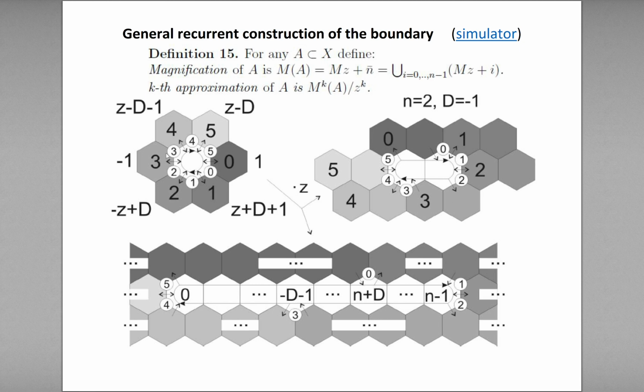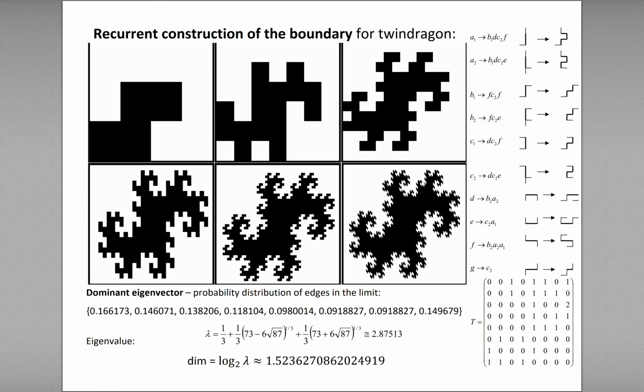And for each such original step, we need to remember from which we go here and to which we go, and each of them changes into some sequence of steps in this magnification. So we can get these general recurrence relations like here, but for any case.